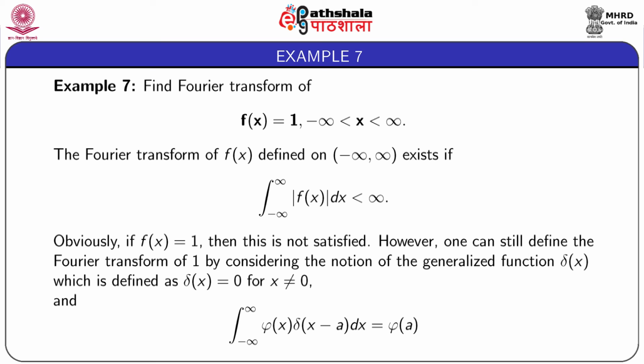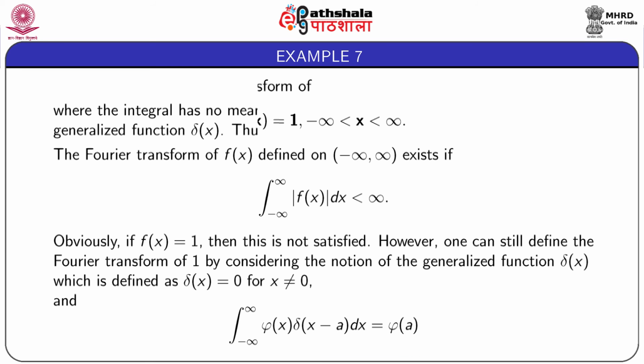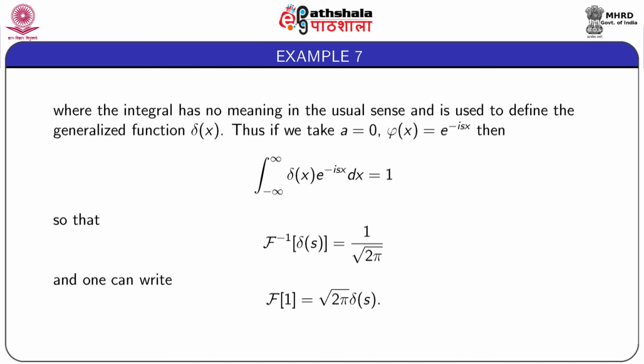This delta x is defined as delta x equal to 0 for x not equal to 0, and delta x has the property that the integral from minus infinity to plus infinity of phi(x) delta(x minus a) dx is equal to phi(a), where phi(x) is some ordinary function. This integral has no meaning in the usual sense and is used to define the generalized function delta x.